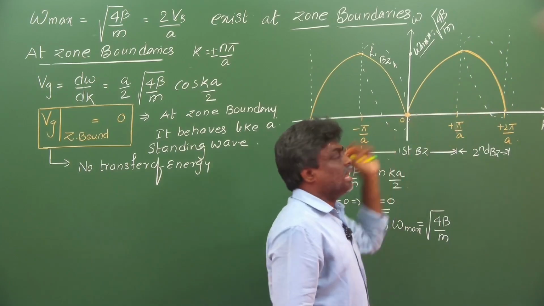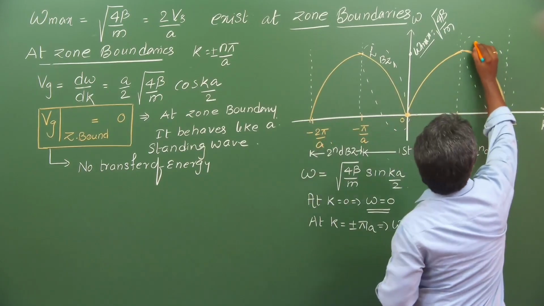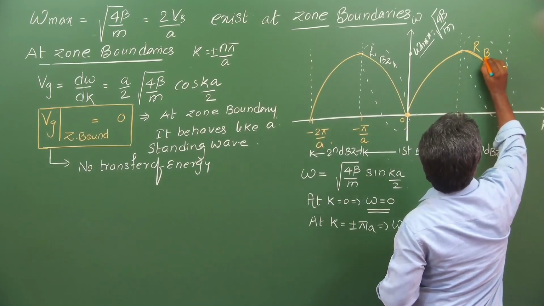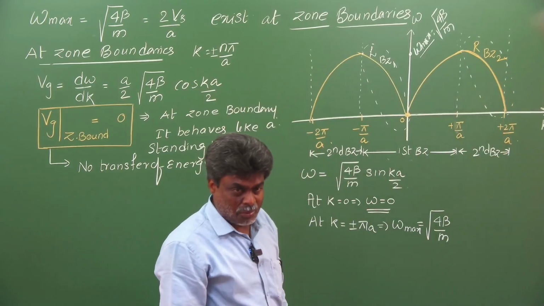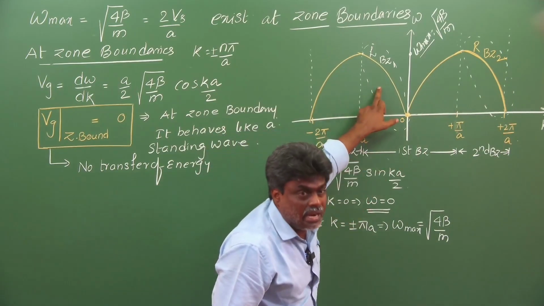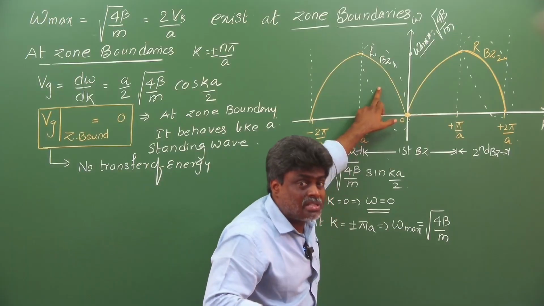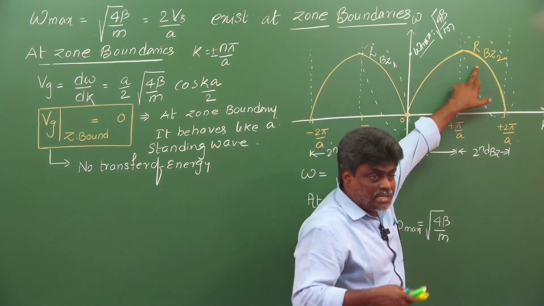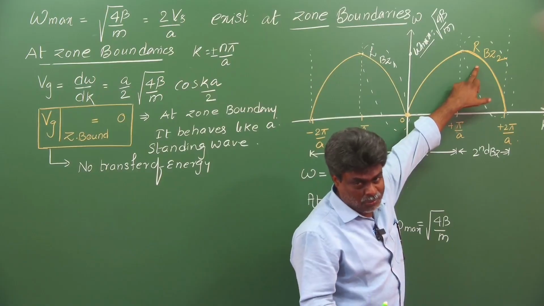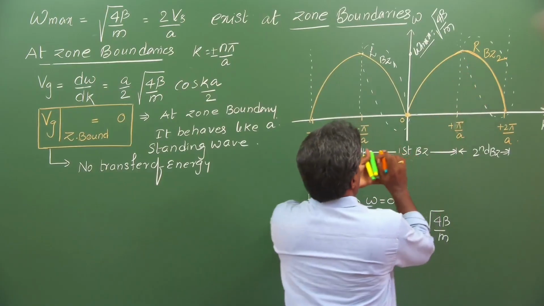That too right side or left side? Right side. This is the right side of Brillouin zone 2. Now carefully observe both. The left side of the first Brillouin zone resembles or is quite similar to the right side of the second Brillouin zone. Next one. See this part.